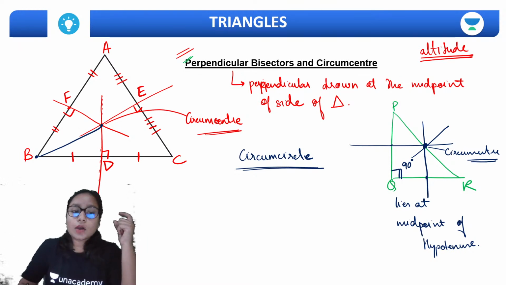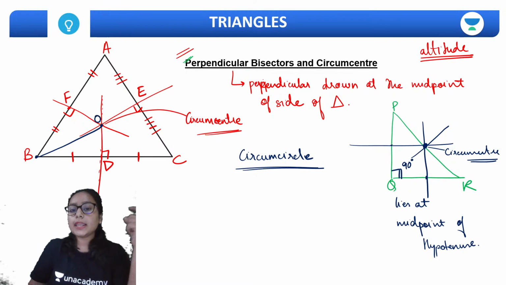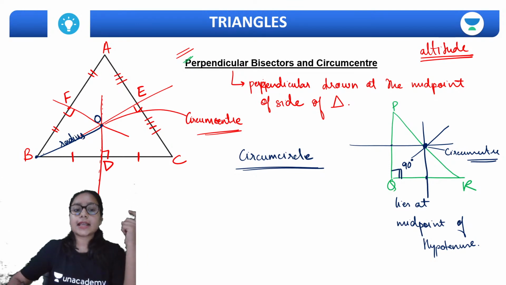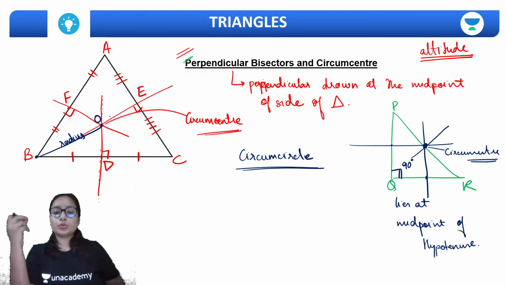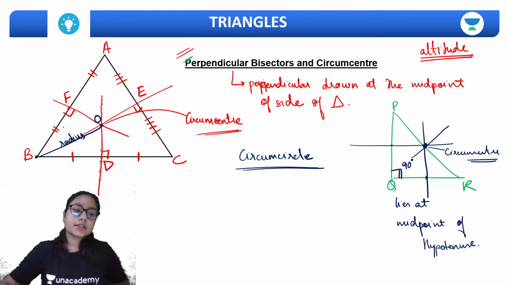Okay, now let us take this point as O. So with OB as the radius, I am going to draw a circle. With O as the center and OB as the radius, I am going to draw a circle. So the circle that I draw will pass through all the vertices of this triangle.